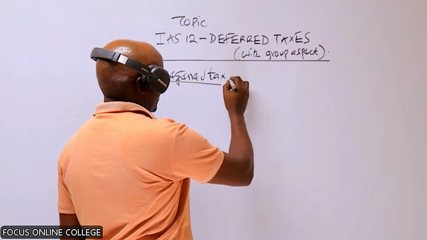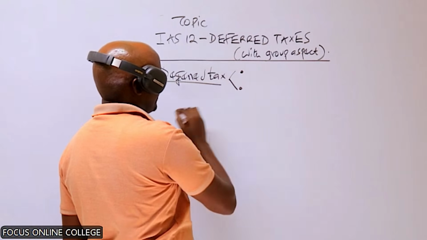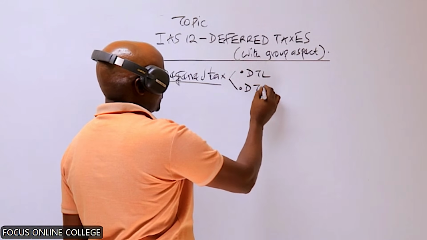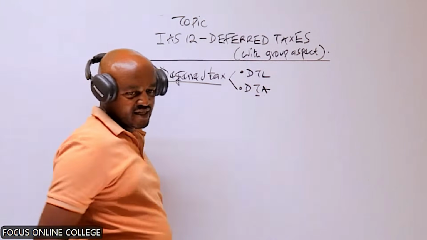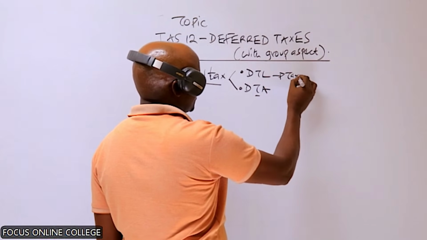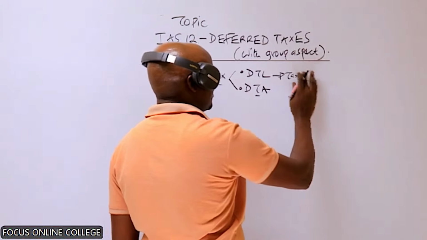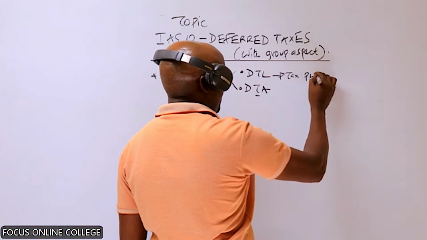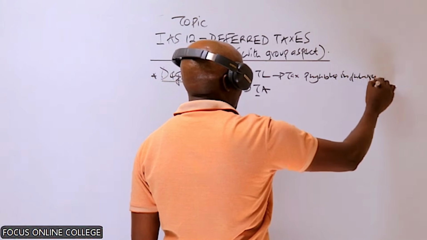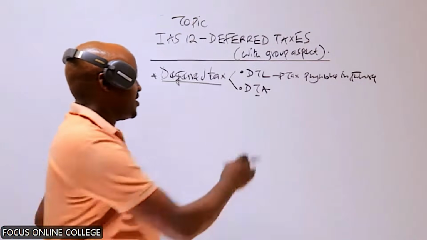In this case, it is also important for you to recall that we have two types of deferred tax. One, we have a deferred tax liability, and then we also have the deferred tax asset. Now, a deferred tax liability is the tax which is payable in the future. A tax payable in the future is referred to as the deferred tax liability.